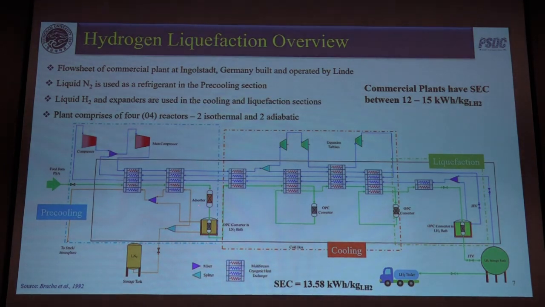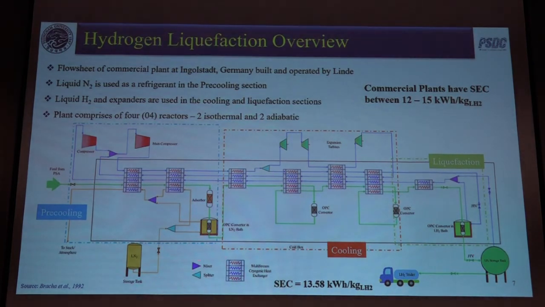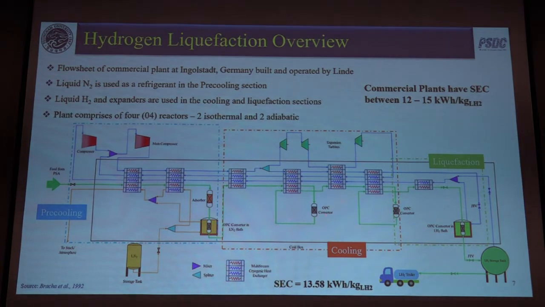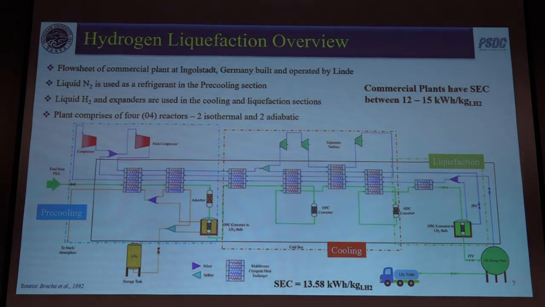And then, you can see these reactors here, 1, 2, 3, 4. These are the 4 reactors available within the hydrogen system. Two reactors are isothermal and 2 are operated adiabatically. I will go into detail about the reactors later.